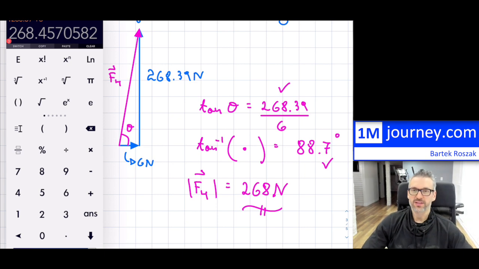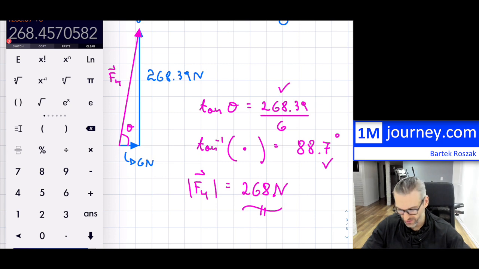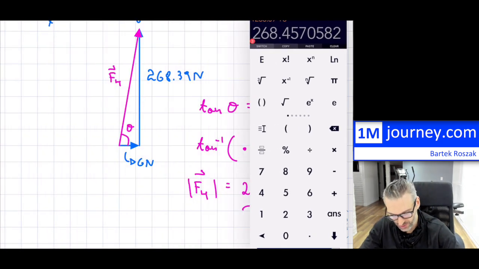And that would have kept this athlete's foot in equilibrium, and that would have been the angle that we would have to set up that pulley at.